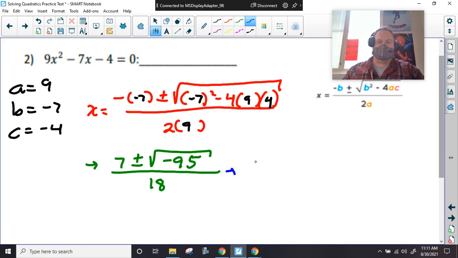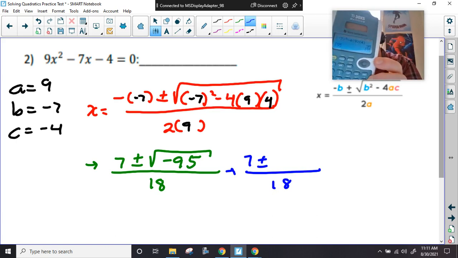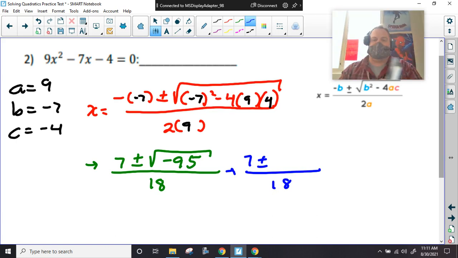I. Okay. So we know it's going to have an I in there somewhere. I need to try to take the square root of just 95 to see. All right. So look, the square root of 95 is just the square root of 95. So this actually ends up being 7 plus or minus I square root 95.